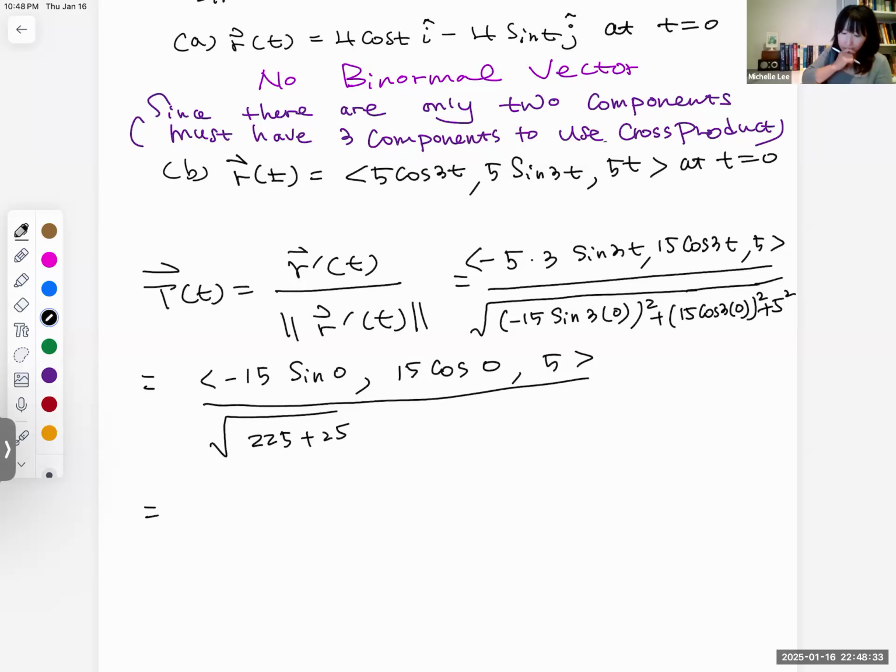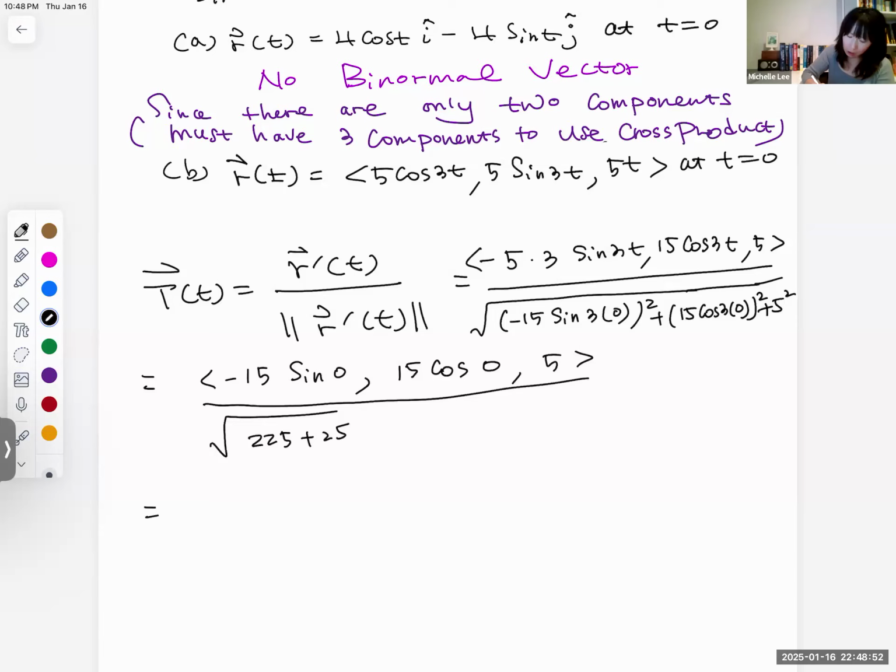So we will get the first term is 0, 250. So square root of 250, 15.81.